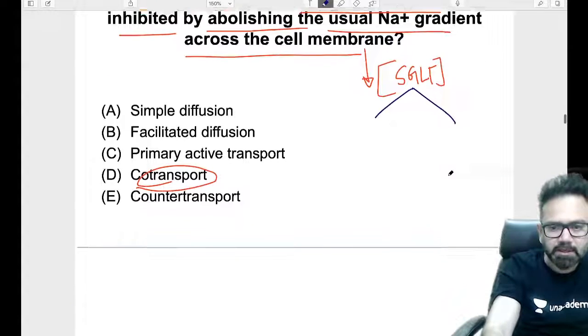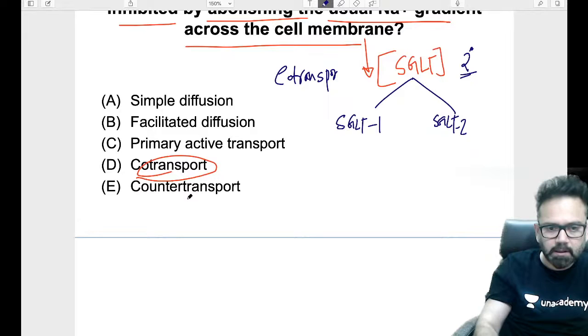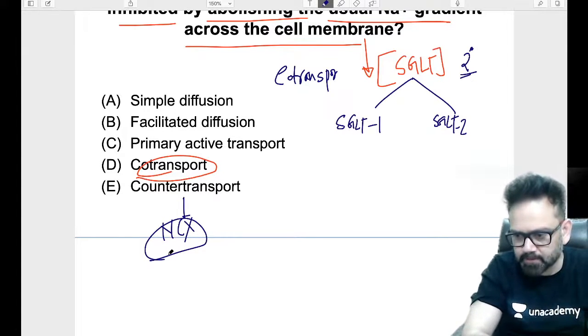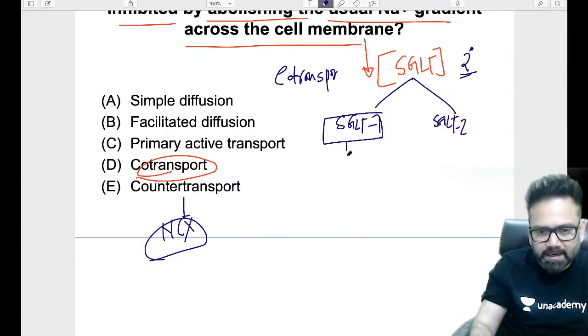One is SGLT1, the other SGLT2. This is an example of a secondary active transporter, a co-transporter, not a counter-transporter. An example of a counter-transporter is NCX, the sodium calcium exchanger. Yes, very good. SGLT1 is found in the intestine and in the kidney, both.